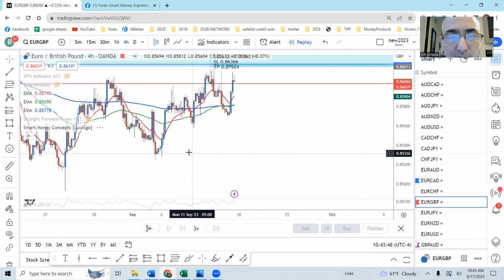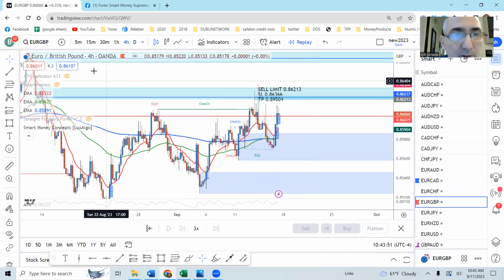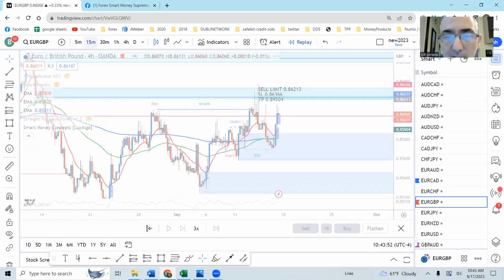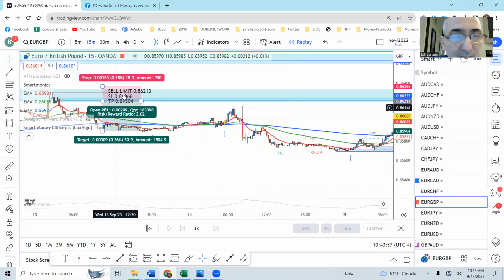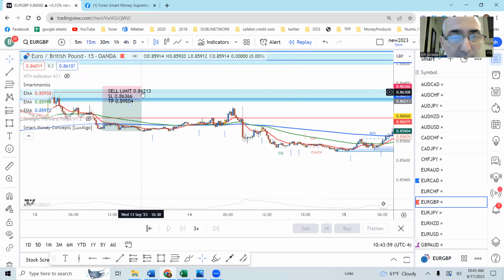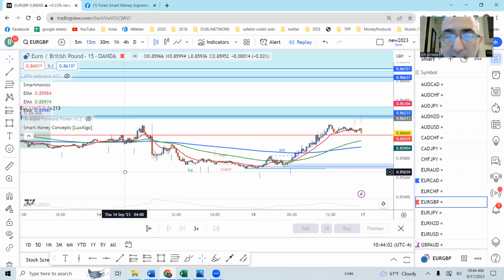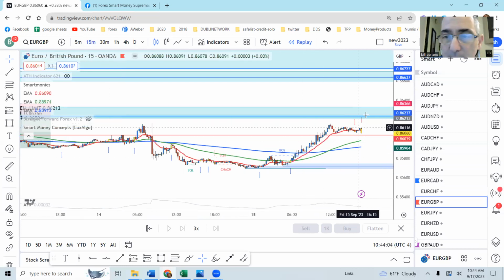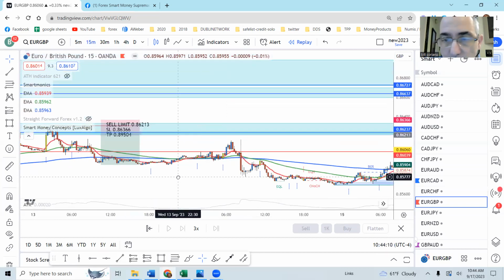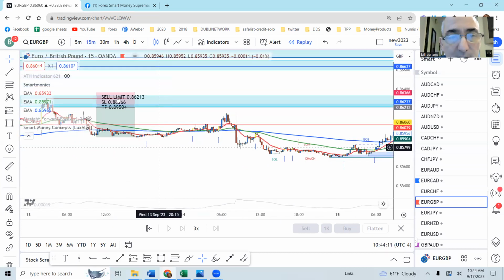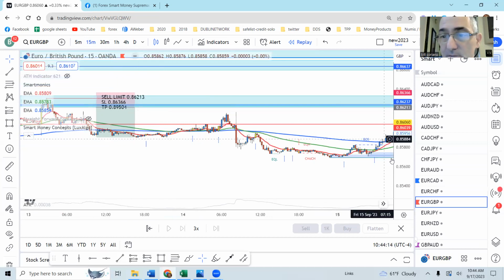EURGBP, this is a current trade right now. So we don't want to do anything with this, right? This, of course, is a sell limit that you should have in right now at 0.86213. And price is now working its way back up to that area to hit it, right? So you should have that sell alert in right now.